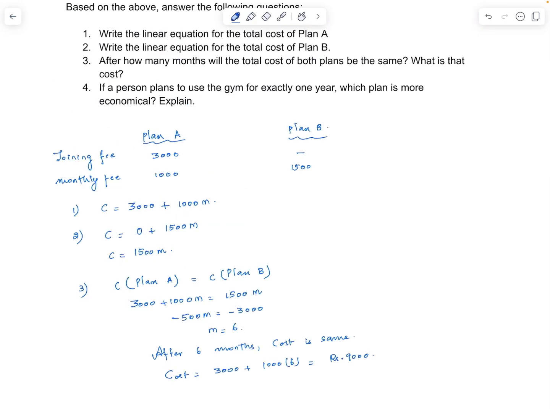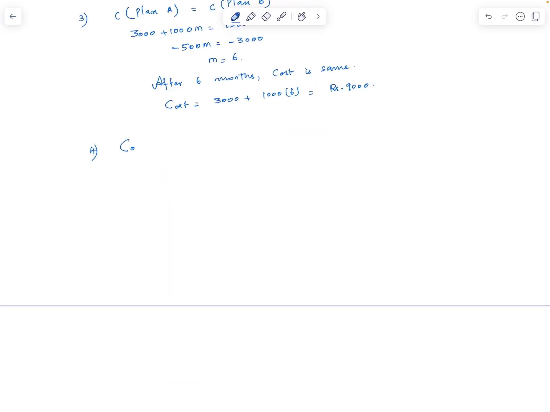Question number 4. If a person plans to use the gym for exactly 1 year, which plan is more economical? Explain. The cost according to Plan A is equal to 3000 plus 1000 times M. In the place of M, let's put 12 as the question is asking for a year, which is 15,000.